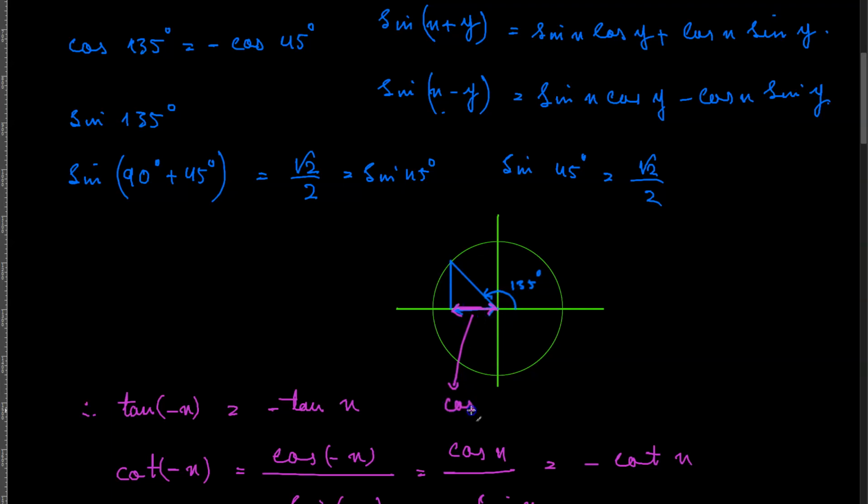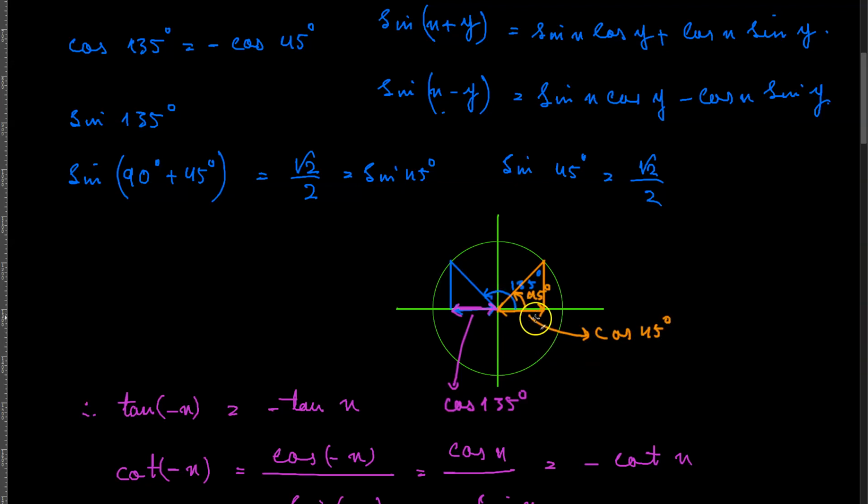And using the formula, we said that it's equal to negative cos of 45 degrees. So cos of 45 degrees, if this is 45 degrees, would be this value over here. This is cos of 45 degrees.